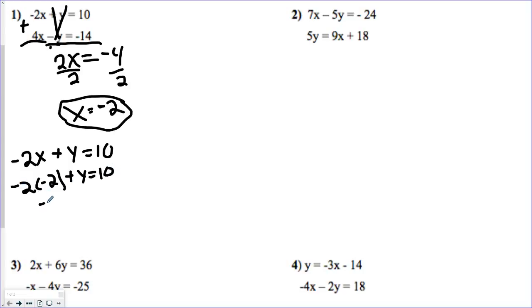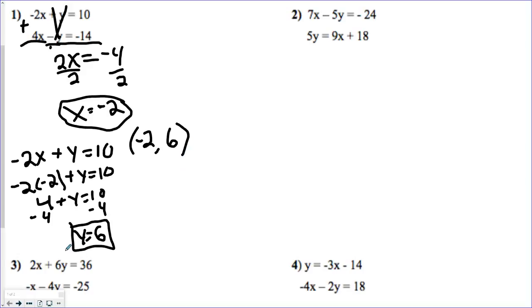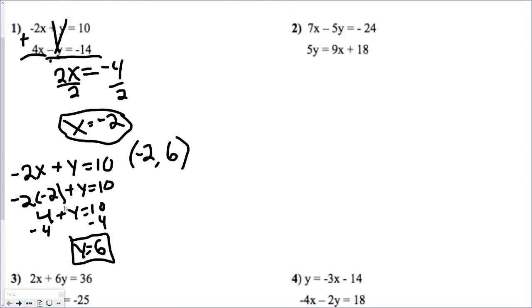Negative 2 times negative 2 is positive 4. And then subtract 4 on both sides, and you get y equals 6. So my answer, my point is negative 2, comma 6. That would be the point where these two lines cross.